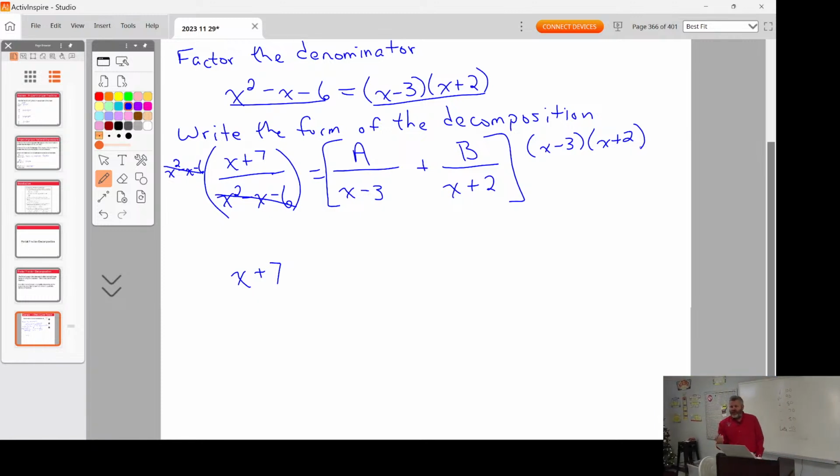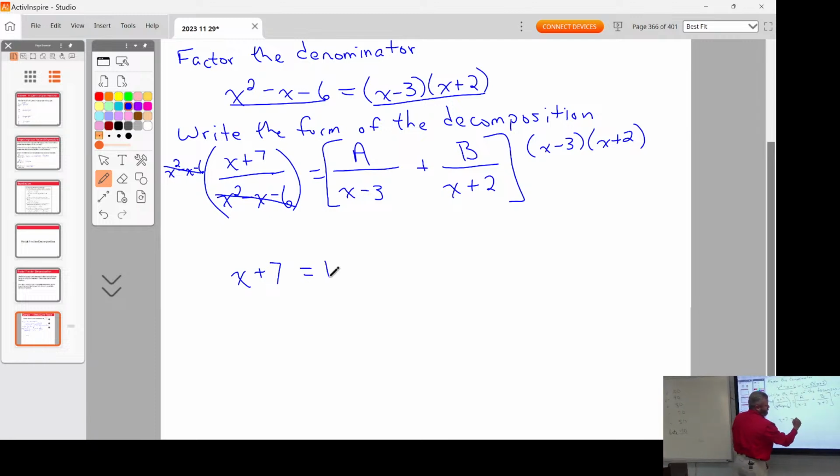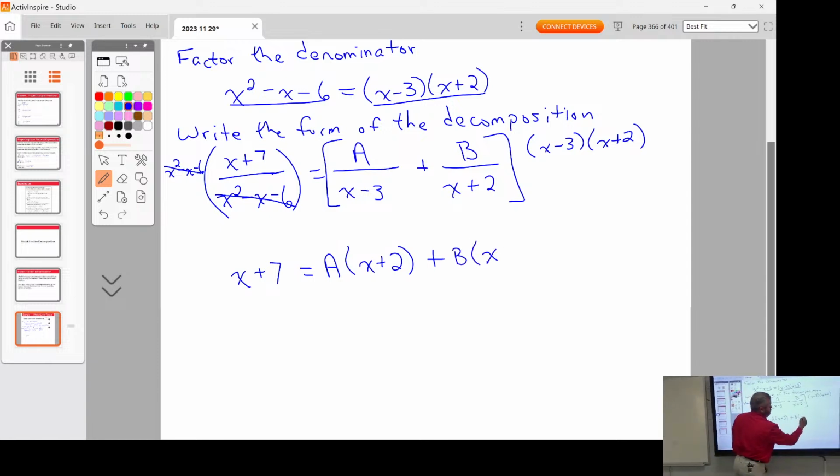It cancels the bottom because what gets canceled? The x minus 3 cancels, so what's left? Okay, but it's still an a there, correct? So I have a times x plus 2 plus second term.